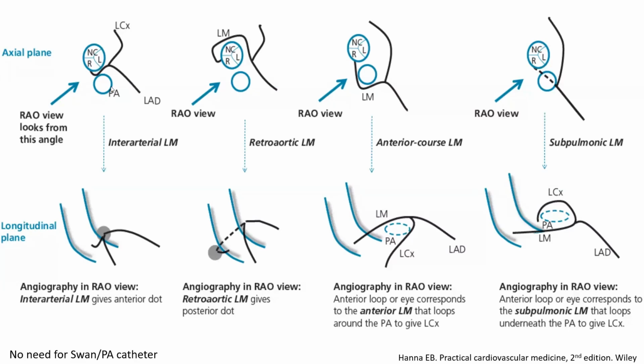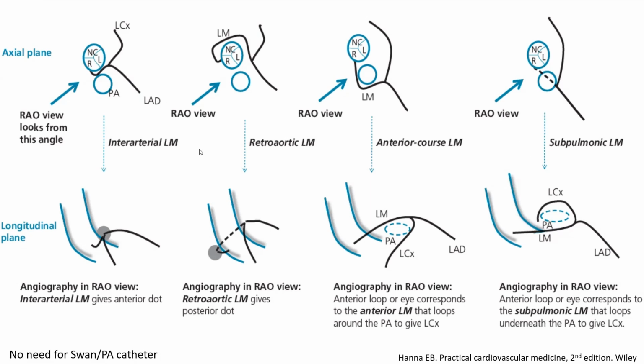The aorta base is more posterior than the PA. It could be posterior course. It could be anterior course, which is anterior to both, or it could be what we call septal or subpulmonic course, meaning the anomalous artery dives in the septum beneath the PA, then emerges and gives its branches.